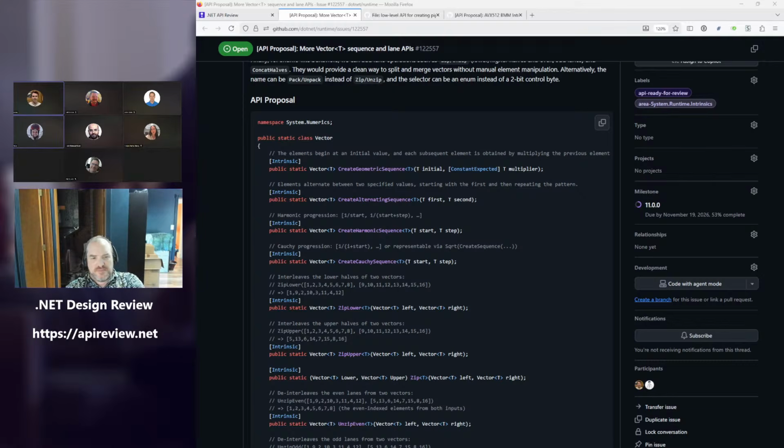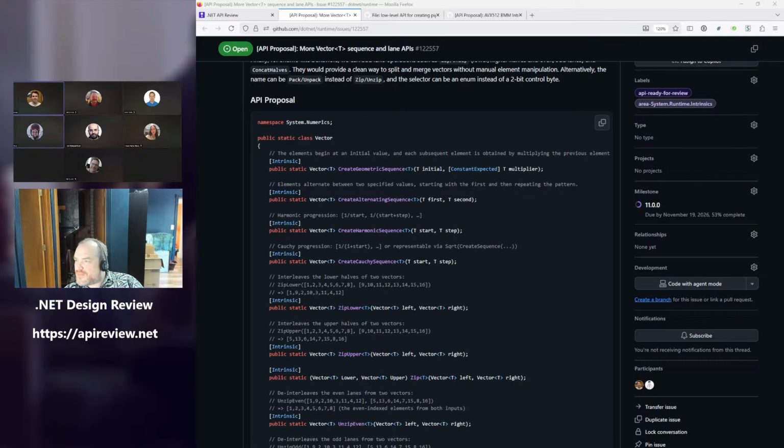You mentioned that you're going to use constant expected for the geometric sequence to avoid expensive math pow. What will happen if given a non-constant? Is that just the slow path? It will end up doing the computation. It will be correct, but it's potentially going to be incredibly expensive for the create if you pass in a non-constant.